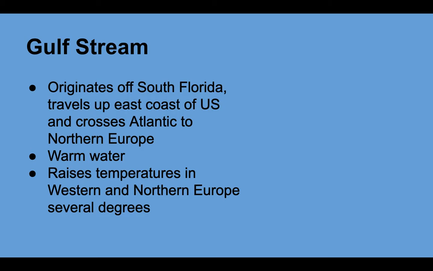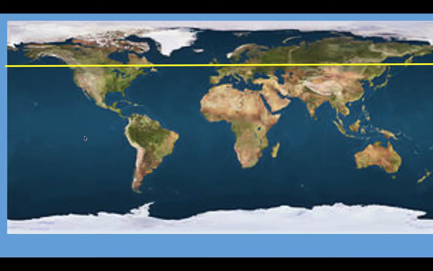Another thing it does, in terms of climate or ecology, is that this is warm water, and it raises the temperature of the entire Western Europe by several degrees Celsius. This terrible map is here, sorry it's so grainy.